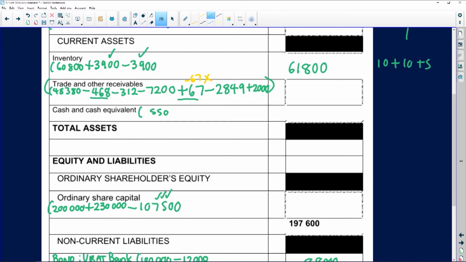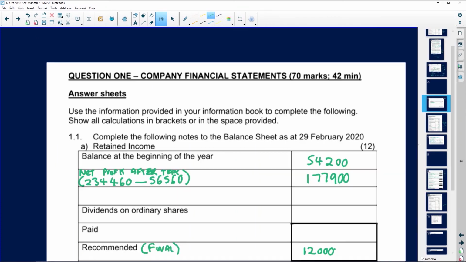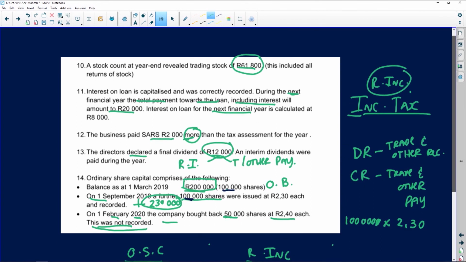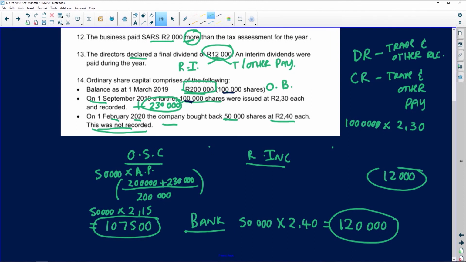And the very last part of this adjustment is your retained income. Retained income again is going to decrease, as did ordinary share capital. So 50,000, the number of shares bought back, times the buyback price of 2 Rand 40 minus your average price of 2 Rand 15, in other words the amount above the average price.